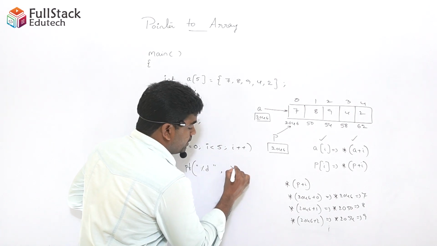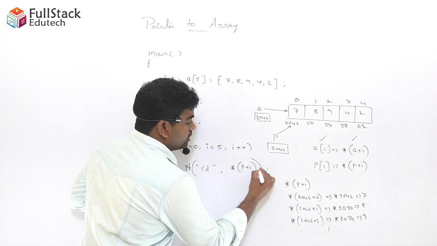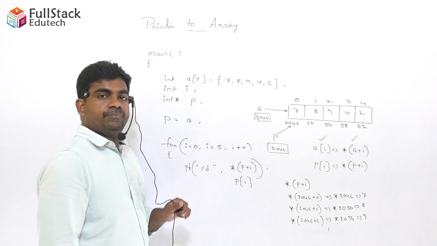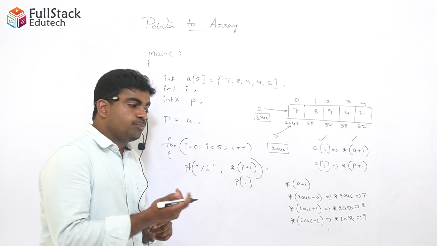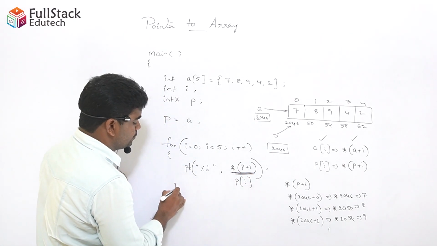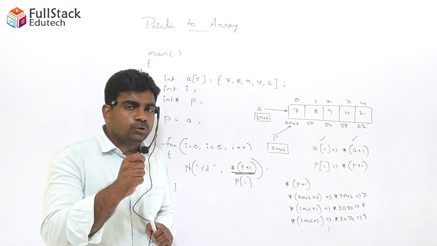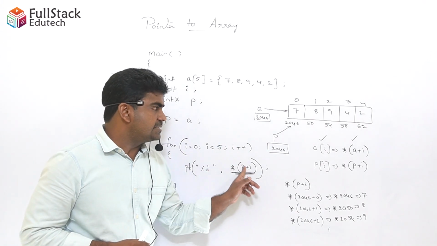Simply, you can write *(p + i) or you can write p[i]. Anything works. But anyway, we are accessing through pointers, so we always recommend using this one. When a pointer is pointing to the array, how can we access the elements of that array? This is the simple way.